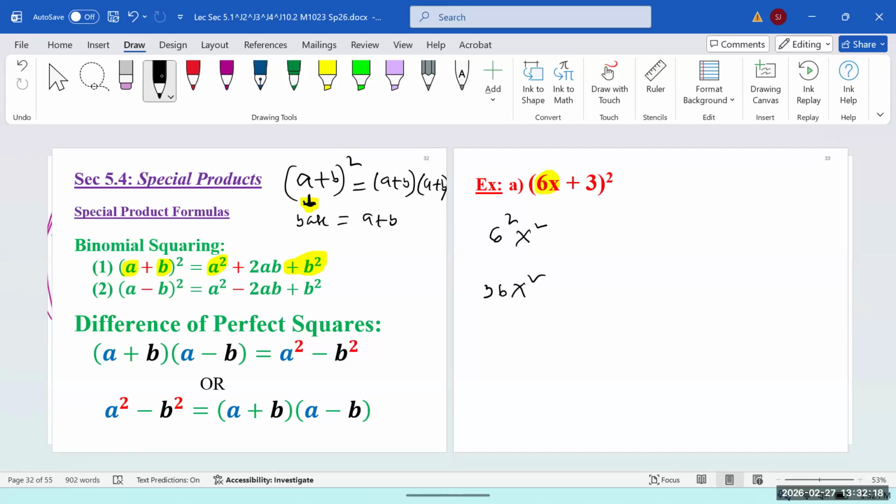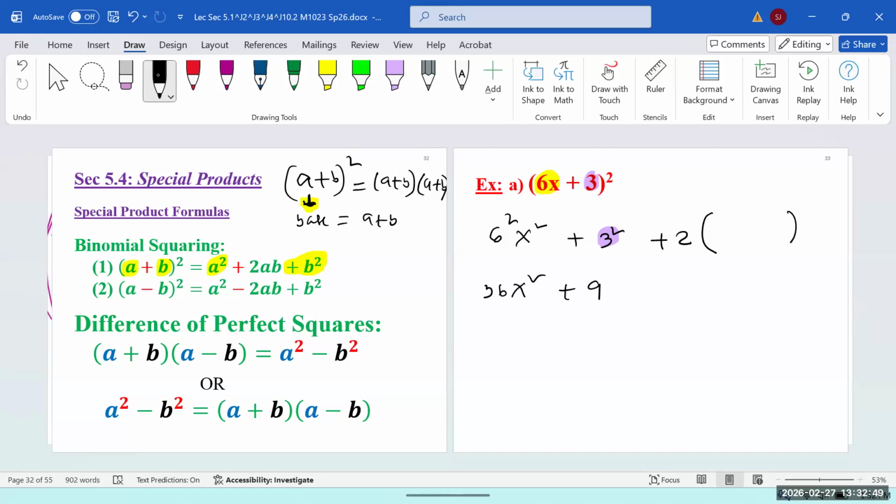And then the formula says, add the second term squared. Our second term is 3. What is 3 squared? 9. So first term squared plus second term squared. And since it's a plus sign, we add 2 times their product.